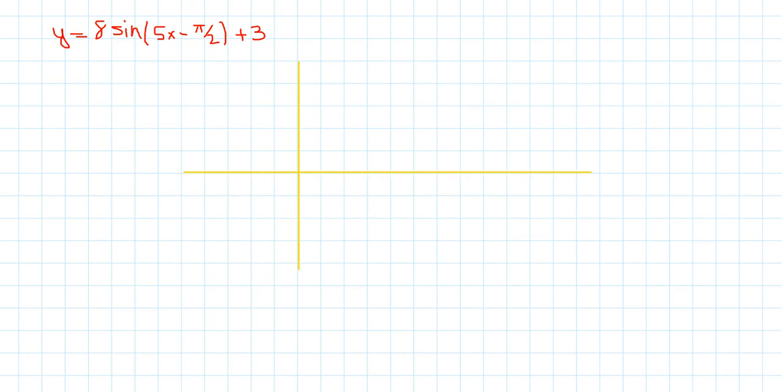I drew this graph from pi over 10 going to 8 and here going up. It was 8 before and it was minus 8, and it is pi over 10, so we don't have any change in this. 3 pi over 10 and 5 pi over 10.